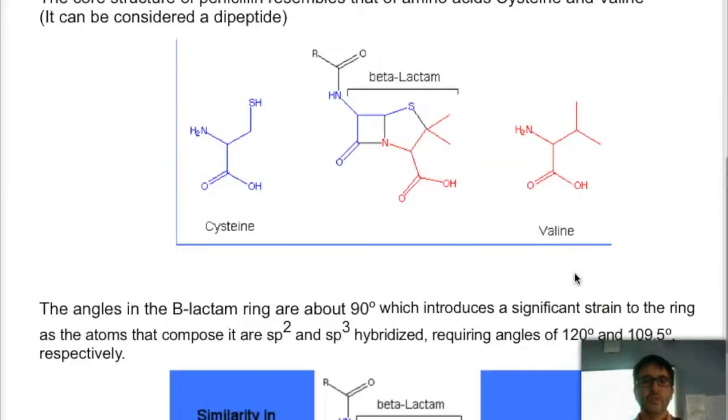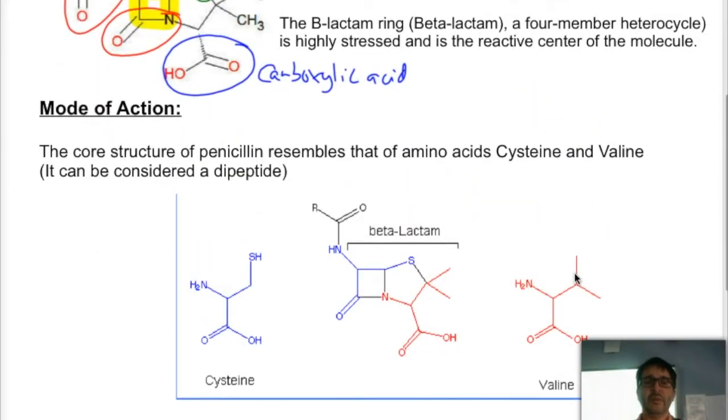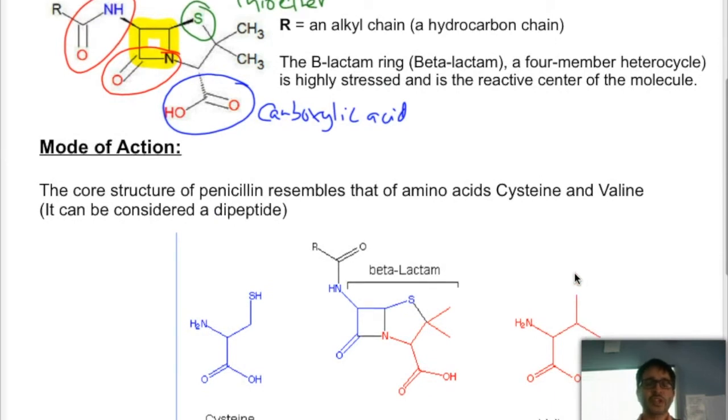Now, the way that penicillin is going to work is that if I can bring you back to thinking about bacterial reproduction. When the bacteria reproduces, it will replicate its DNA, it will form all of this. But one of the things that it needs to do is form a new cell wall between the two daughter cells, and this is where penicillin is going to act.